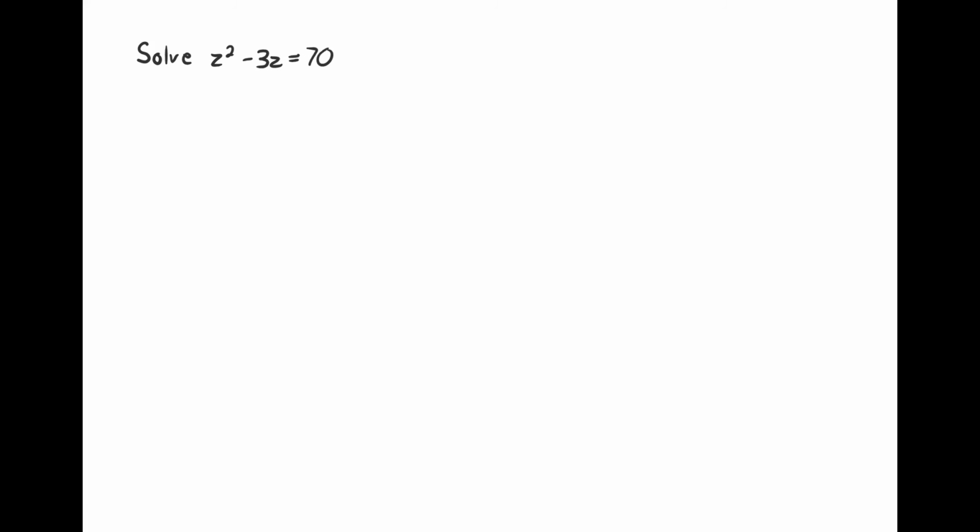Lastly, we're asked to solve z squared minus 3z equals 70. All right, let's use our zero product property, which means set it equal to 0. And because I have an equal sign, this is telling me, hey, I have to find what z equals. I'm not just factoring, I have to find what z equals. So I factor this trinomial, factors of negative 70 that add to negative 3.